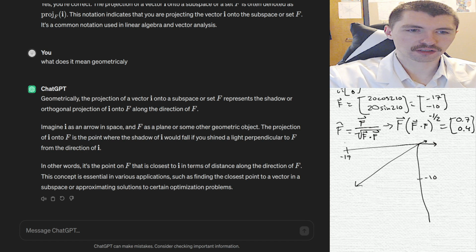It's the point on F that lies closest to I in terms of distance.